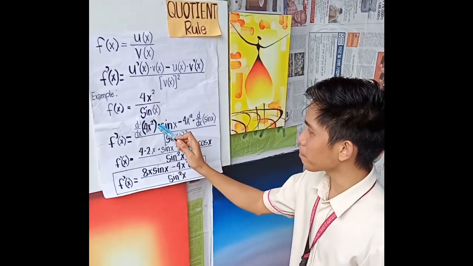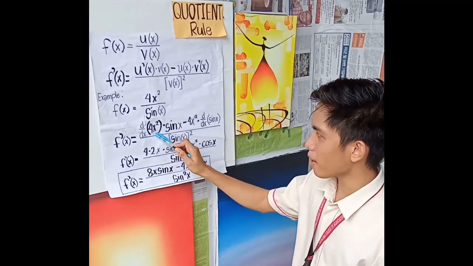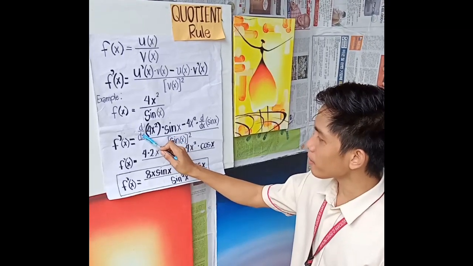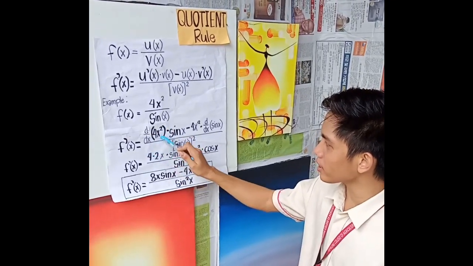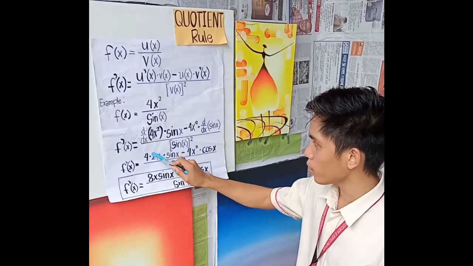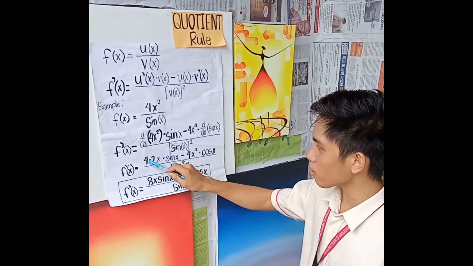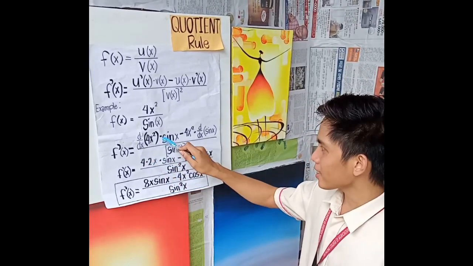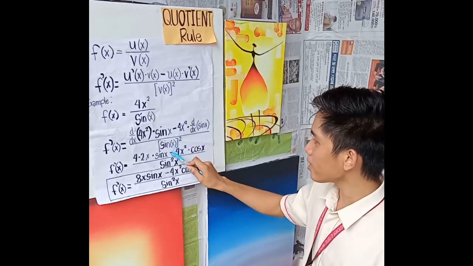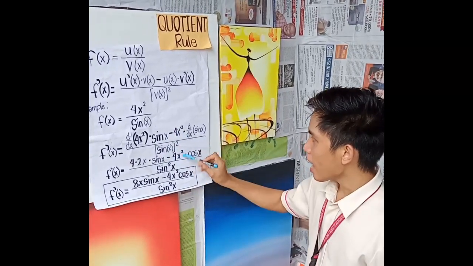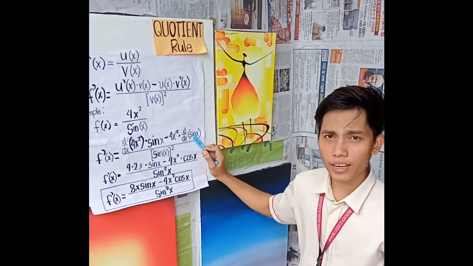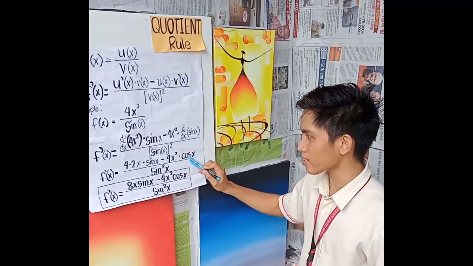And now we will apply the power rule on this part. The derivative of 4x squared is 4 times the exponent 2, and 2 minus 1 is equal to 1, so 4 times 2x times sine of x, minus 4x squared times the derivative of sine of x, which is cosine of x.